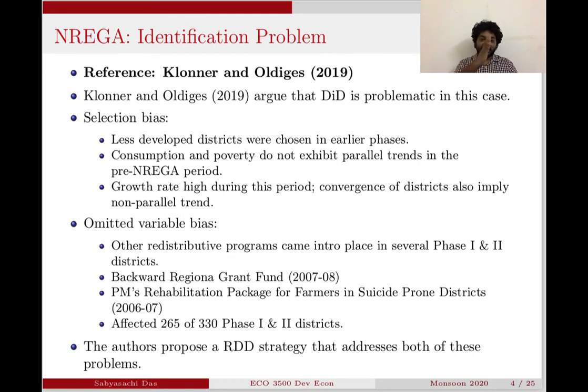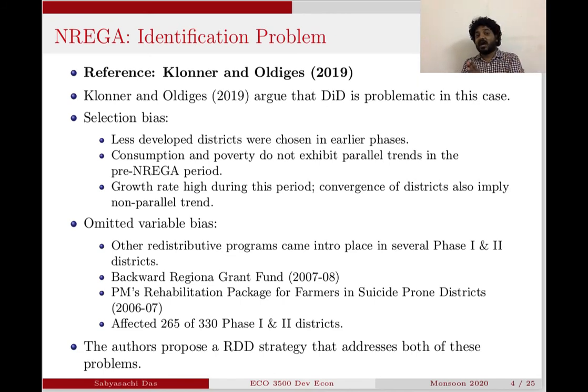So basically, you can think about other treatments happening around the same time as the NREGA treatment, and its effect on the treatment group is going to be different than the control group. That's important, right? Because if there is some other treatment happening at the time of NREGA, but it affects all districts, treatment plus control, equally, then you are fine, because anyway you are measuring the treatment effect by comparing treatment and control districts.